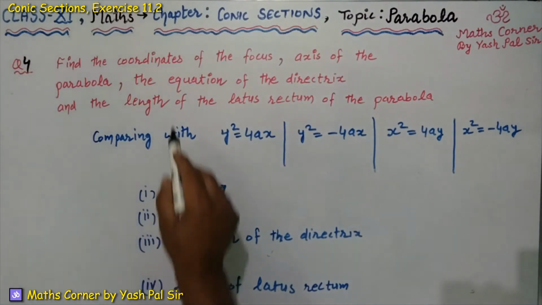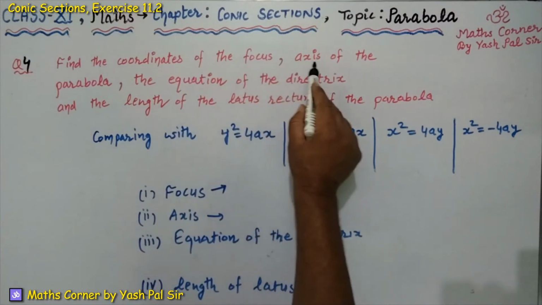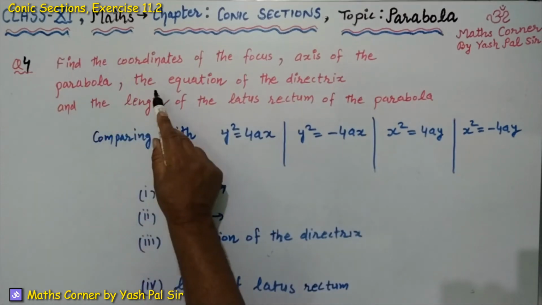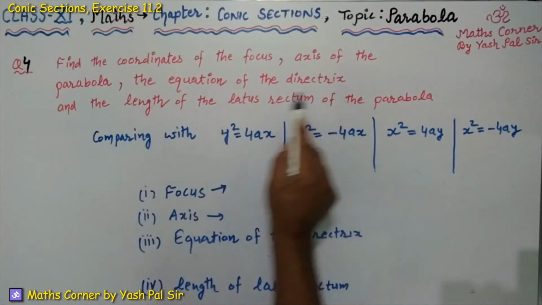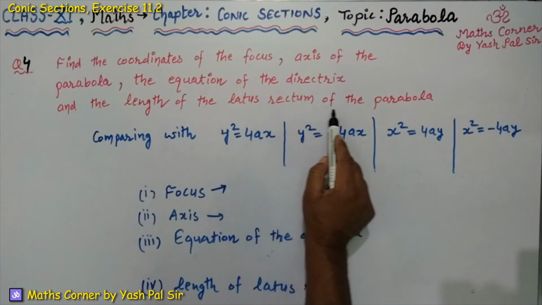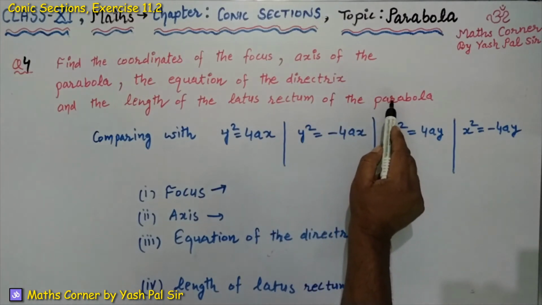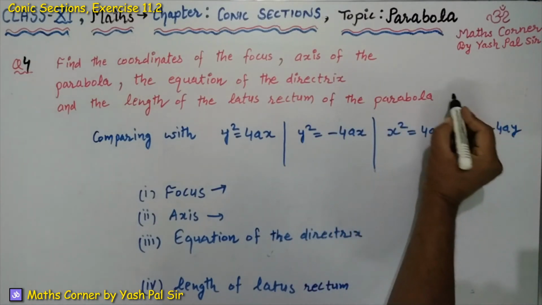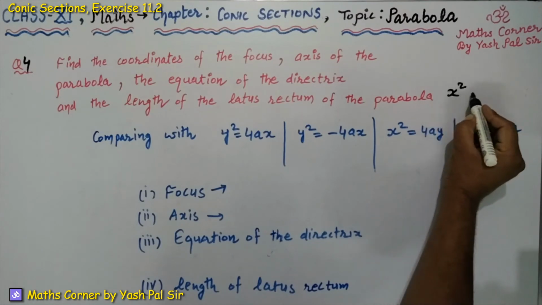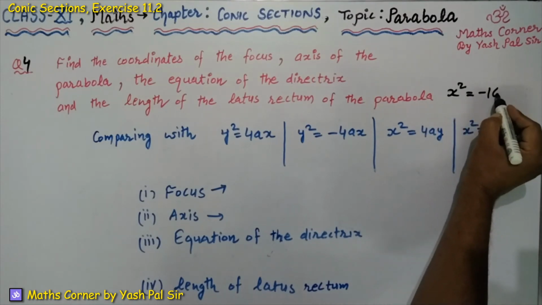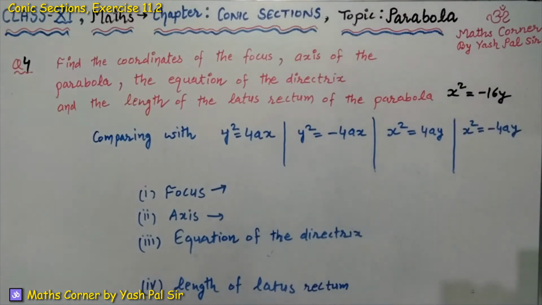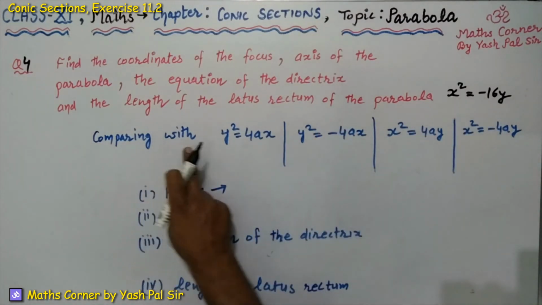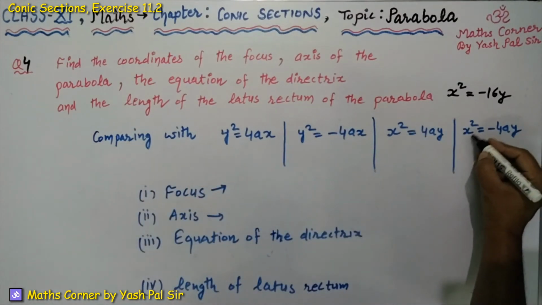Now next question. Question number 4. Find the coordinates of the focus, axis of the parabola, the equation of the directrix and the length of the latus rectum of the parabola. Equation is x square is equal to minus 16y.